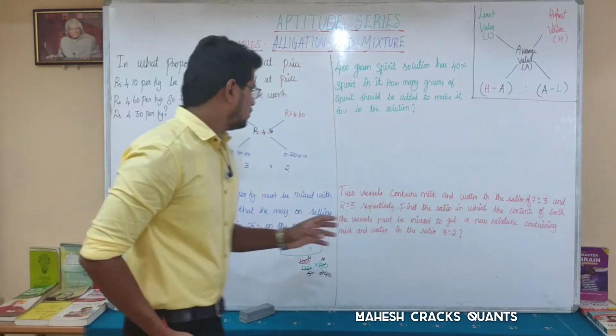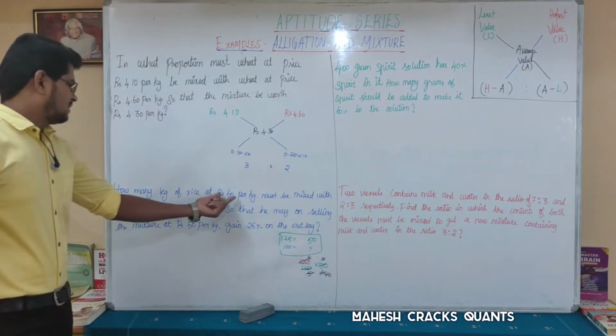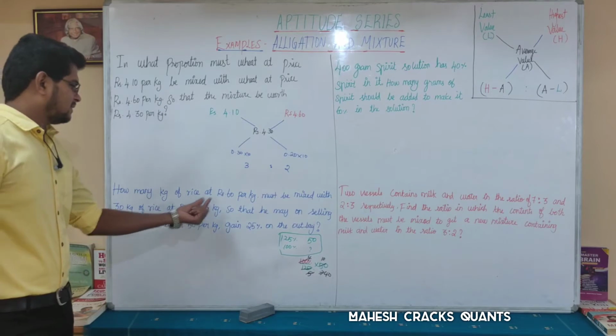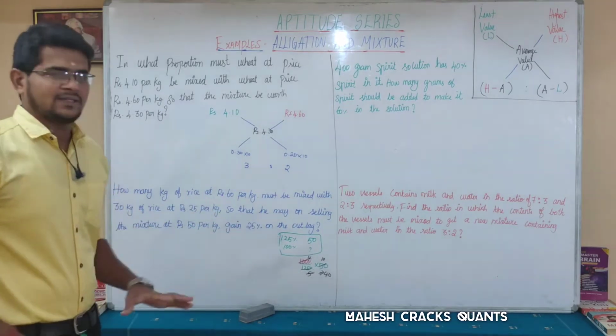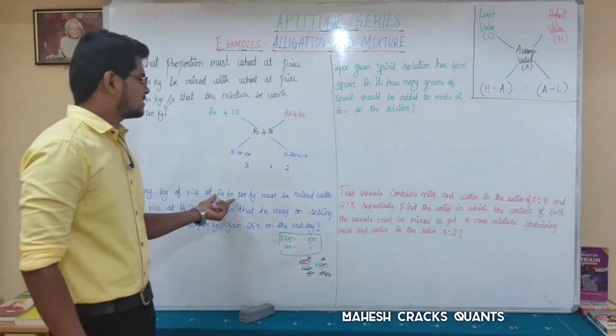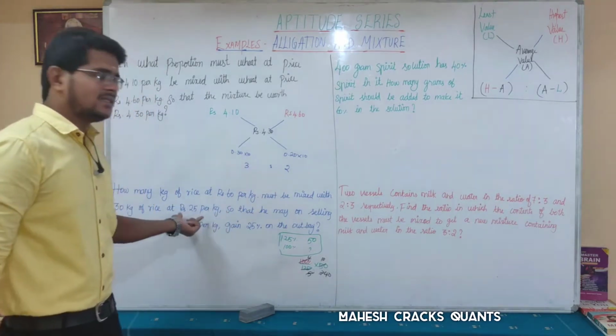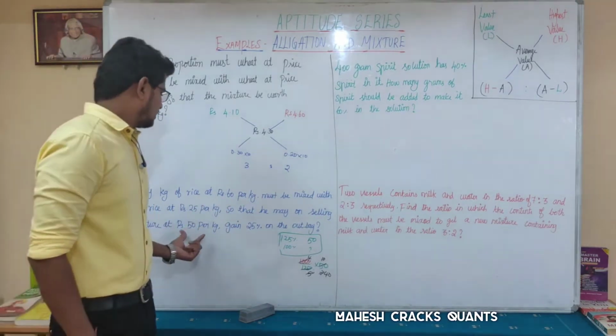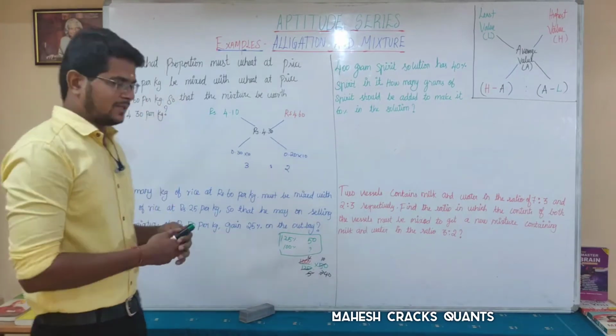Now I have three values: 60 per kg, 25 per kg, and 40 per kg. Which one is the highest? 60 per kg. Which is the least? 25 per kg. And the average is 40 per kg.